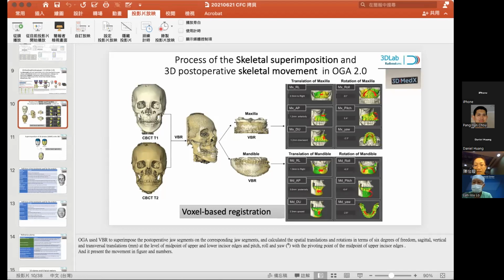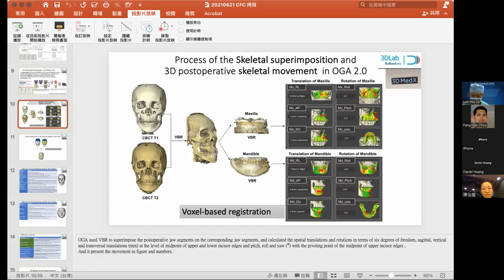So the results are all shown for maxilla and mandible. The pivoting point is over the upper incisor midpoint and lower incisor midpoint. Yeah, be careful, because you should know where the rotation center is for your study.